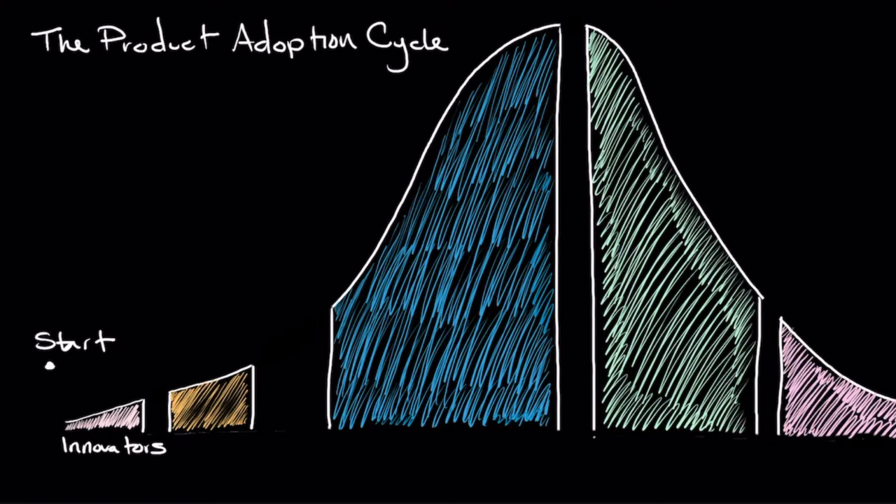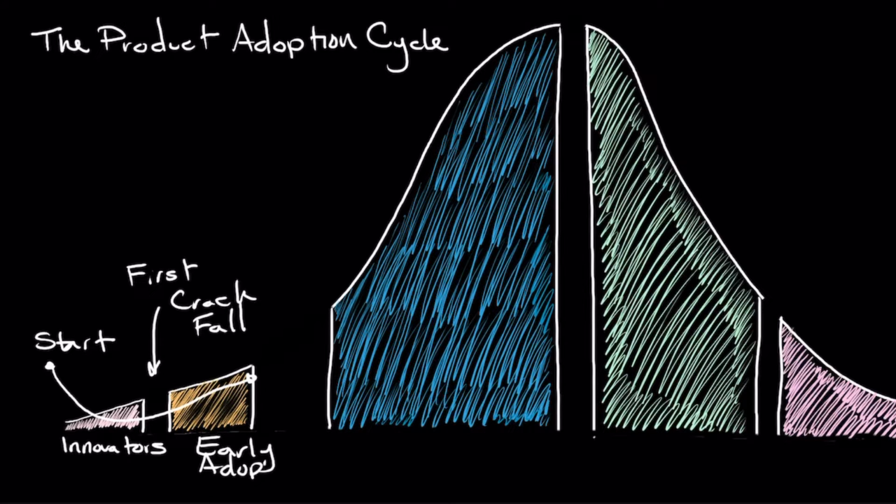Now, as we get through these particular stages here, I mentioned that we're going to start and then work our way this way. And here, this area is what we call the first crack, or the first chasm. And this is between the innovators and what we call the early adopters.